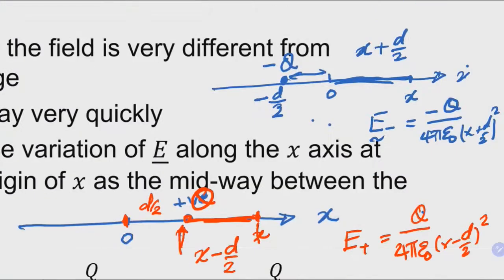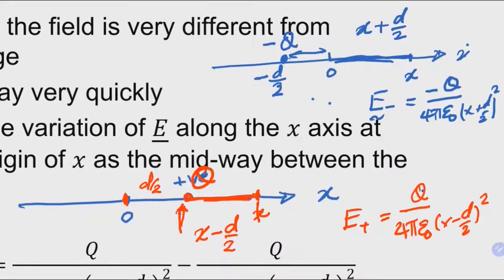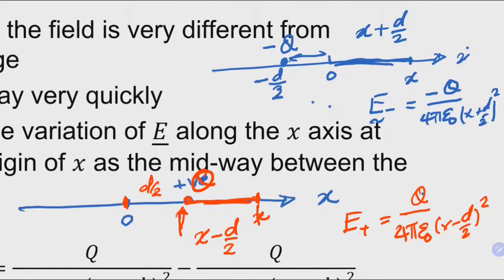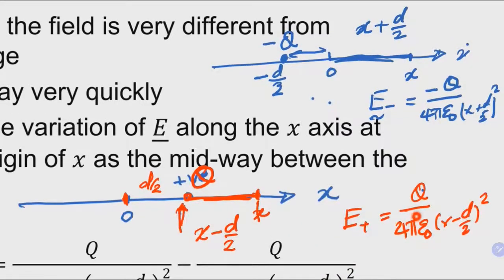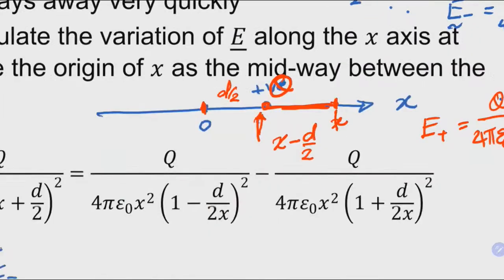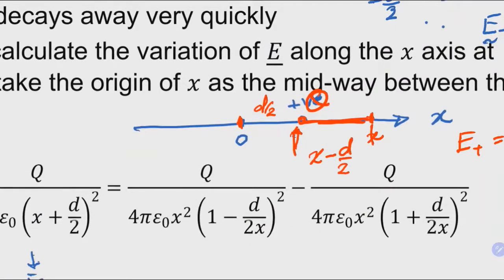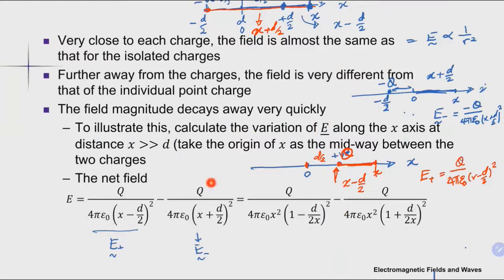Okay, so the total field at x will be the sum of E plus and E minus, which is the sum of these two equations here. Sum of this with this, and that will be my equation here.